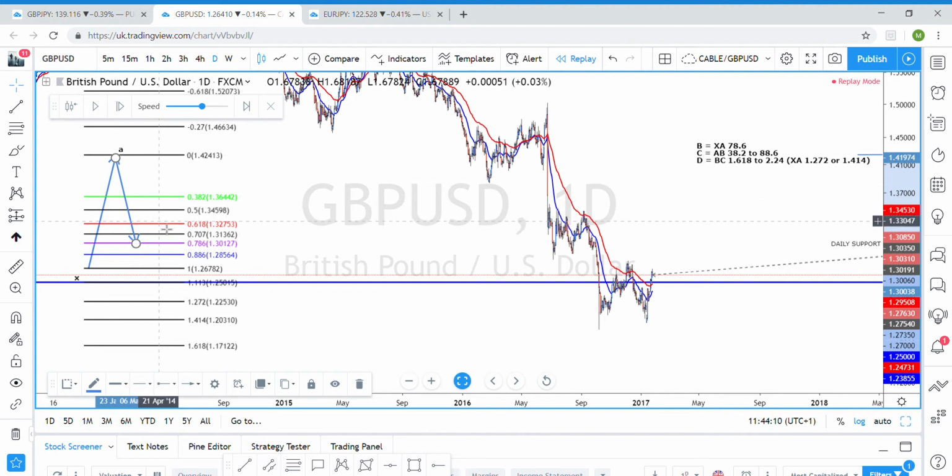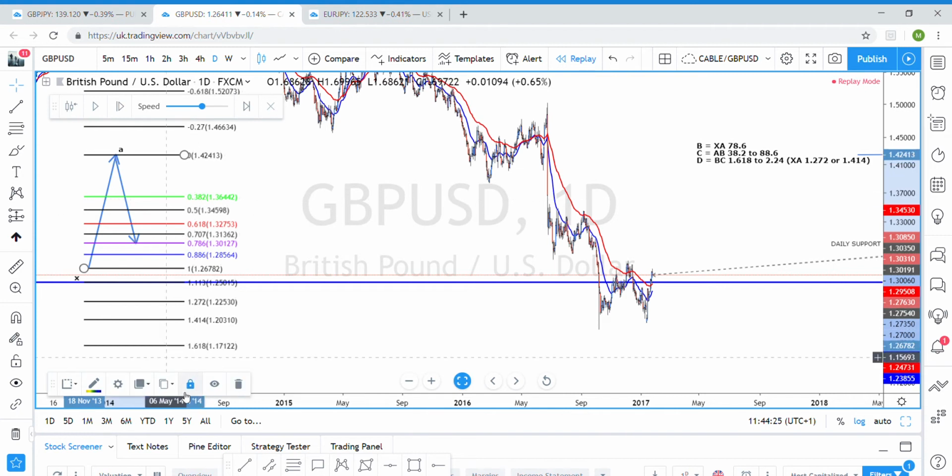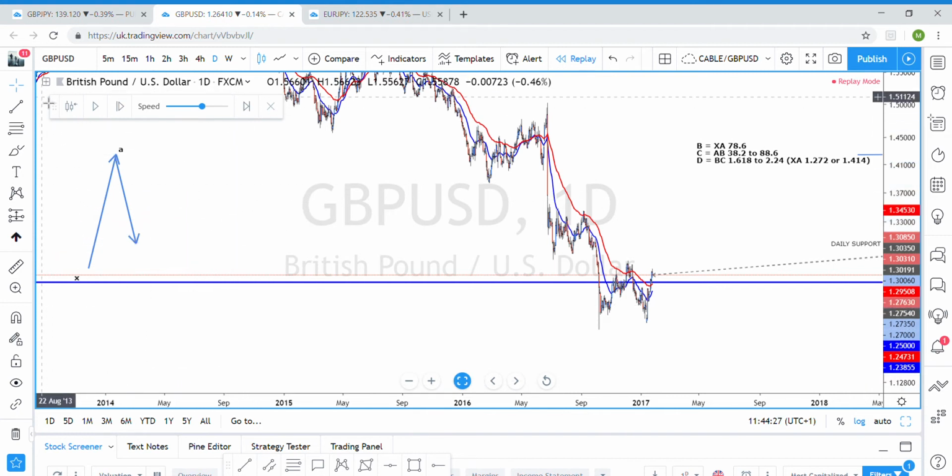It can't be 61.8 or 50 or 38.2 or 88.6. It has to be 78.6 for a butterfly, and that's one of the reasons why I say it can be more accurate when you're looking for projection, because once you've seen that 78.6, the next thing you're looking for, if you're going to see an M formation, is a lower high, okay?